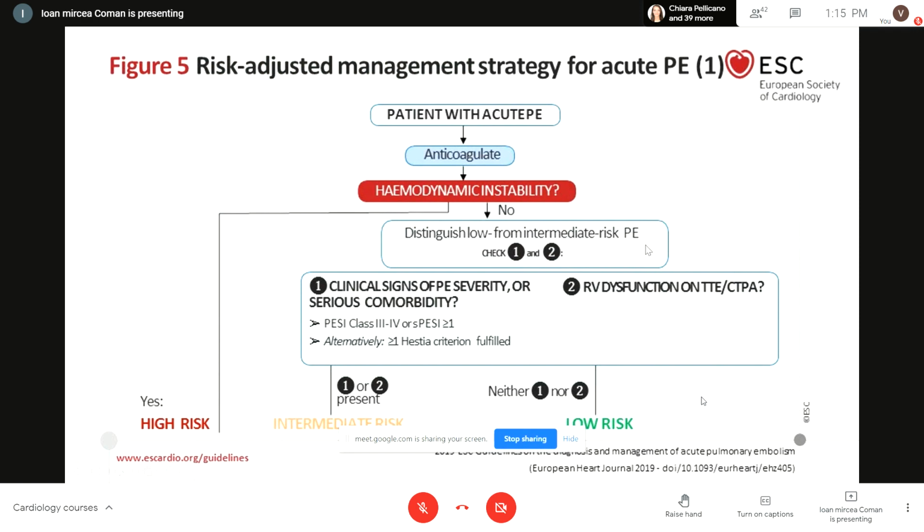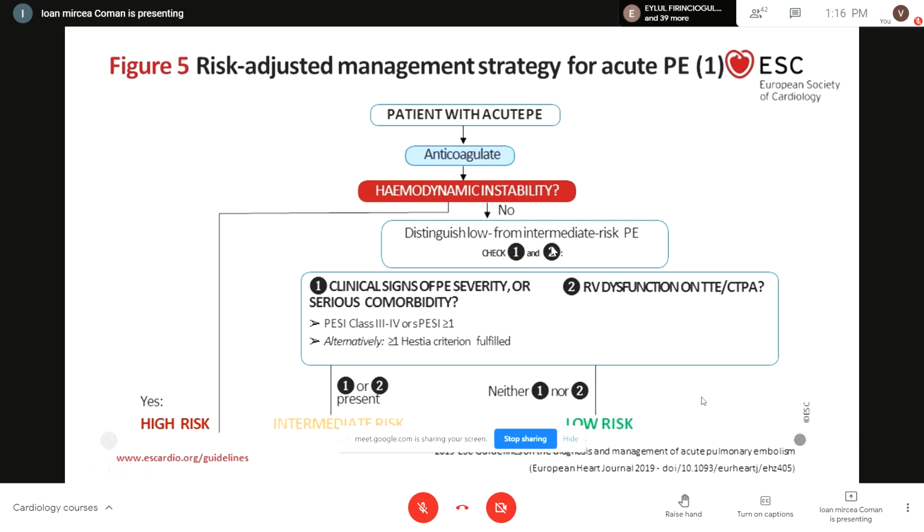Okay, this is a strategy. Patients with acute pulmonary embolism are anticoagulated, but if the patient is unstable with high risk, or intermediate risk and clinical signs of severity or morbidities, then he should be treated more aggressively.